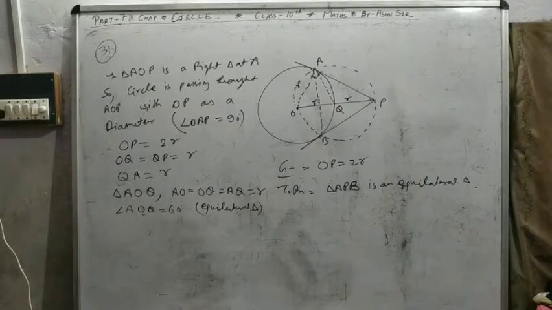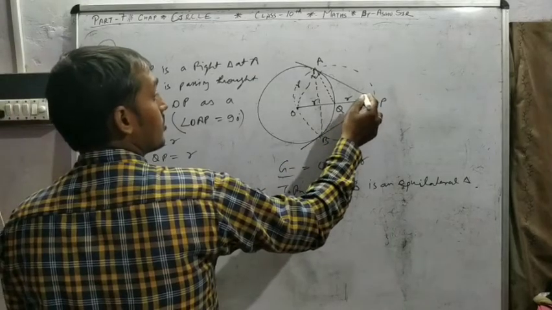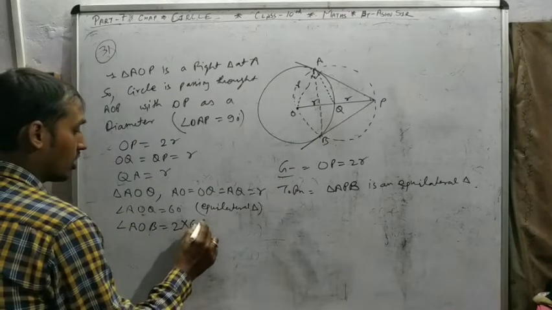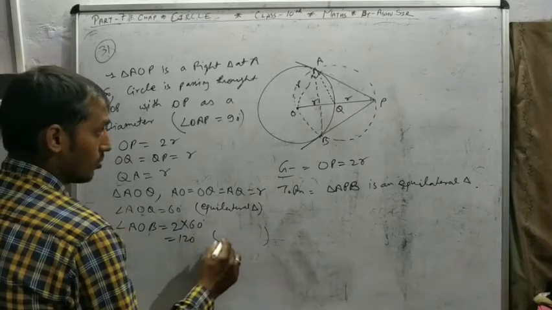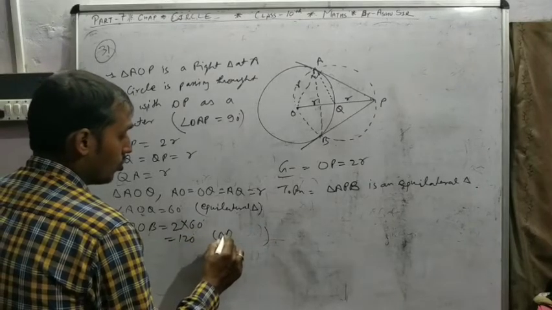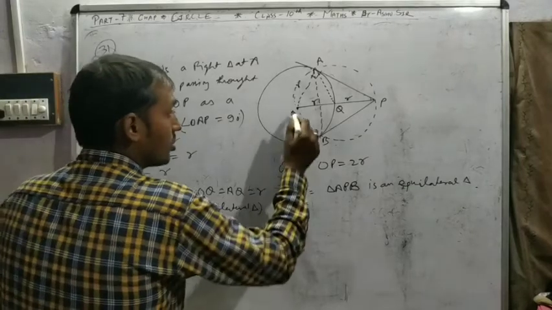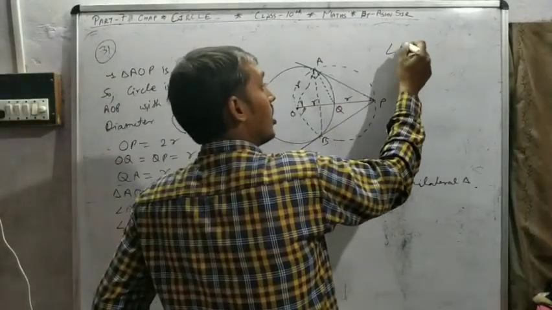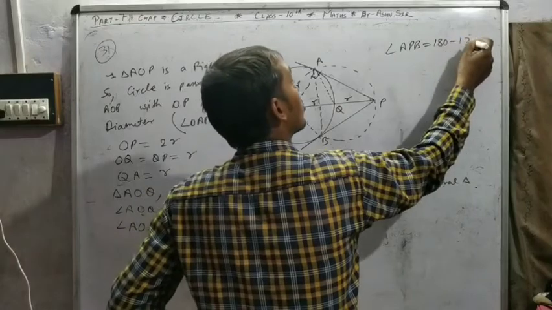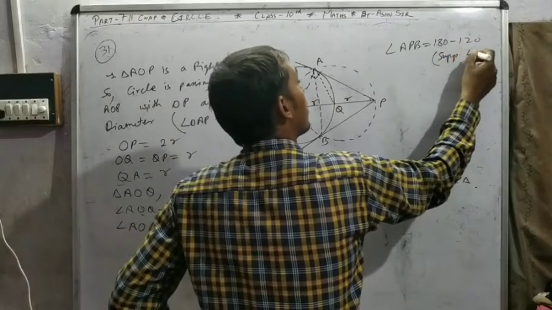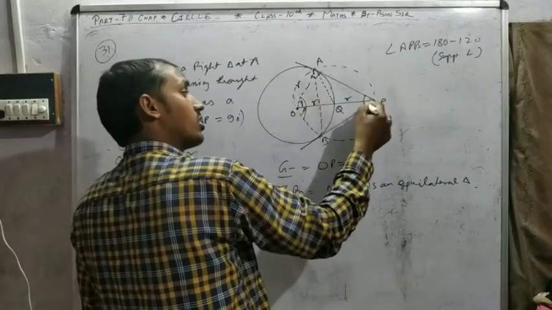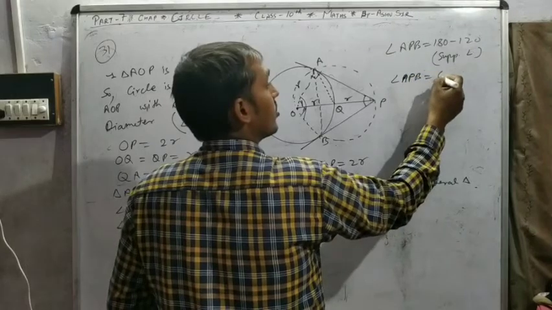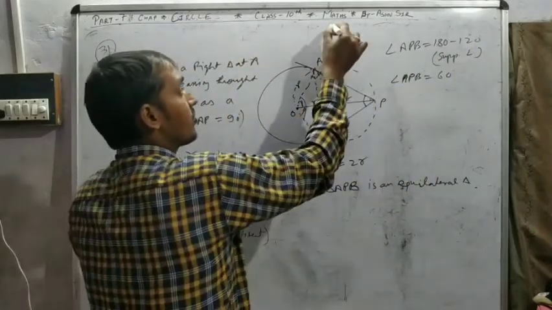So what's the value of angle AOB? Angle AOB is twice of 60, that means 120 degree, because OP bisects, this is equal. So angle APB is equal to 180 minus 120, supplementary angle. This whole sum is 180 degree. So angle APB is equal to 60. You can see this figure here.